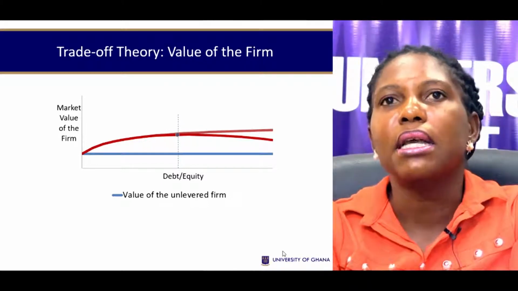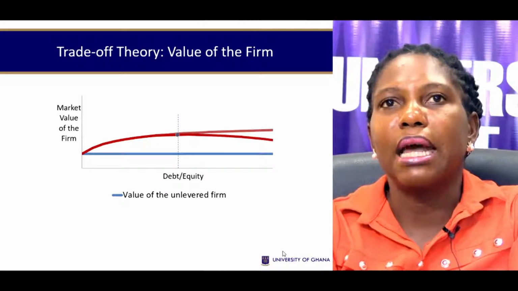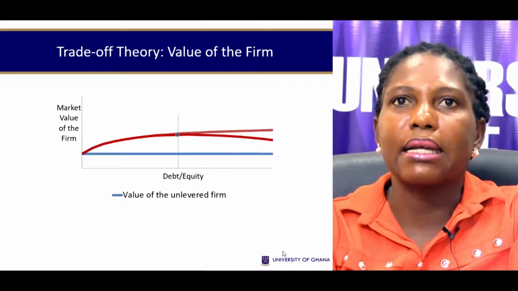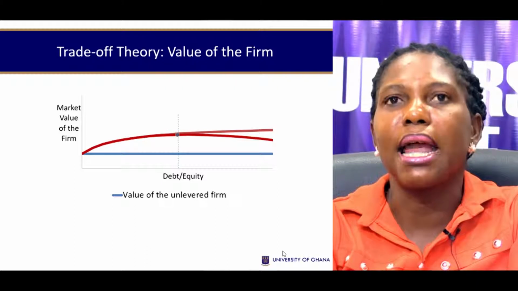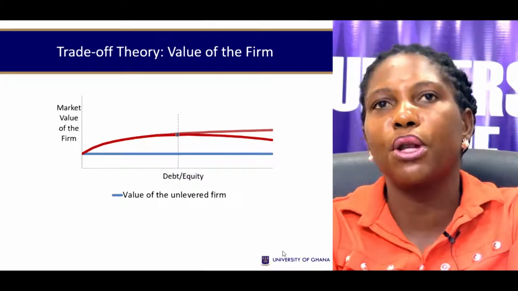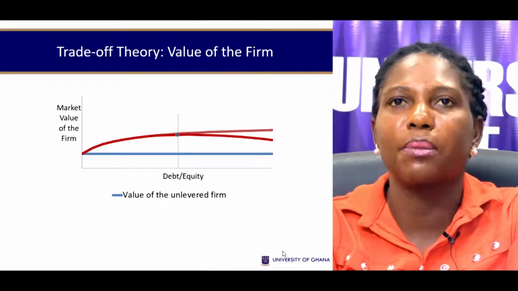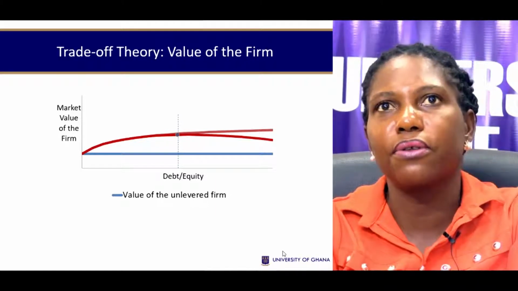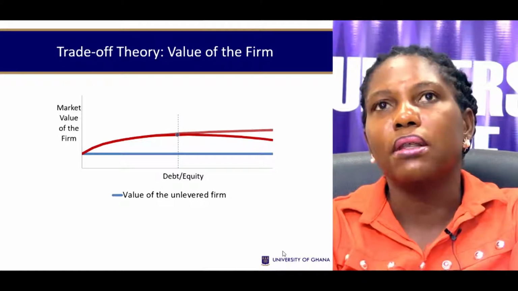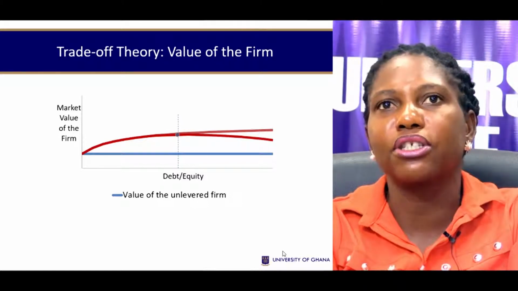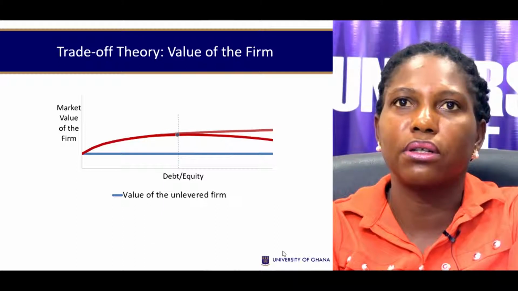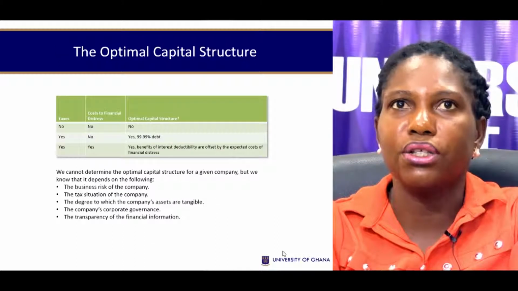At that point, the value of the firm that is using debt is believed to be at its peak. Any extra mix beyond or below that point is believed to have not the best or the optimal effects, and so that's the trade-off theory in relation to the value of the firm and how tax shields and financial distress costs relate to each other.